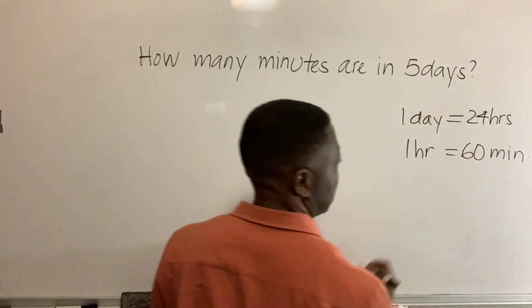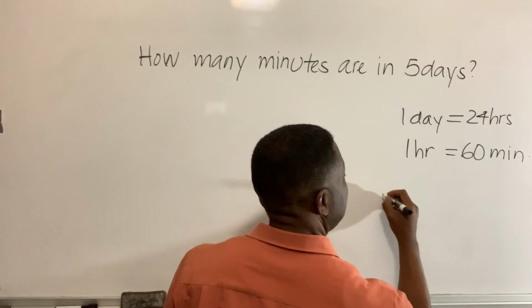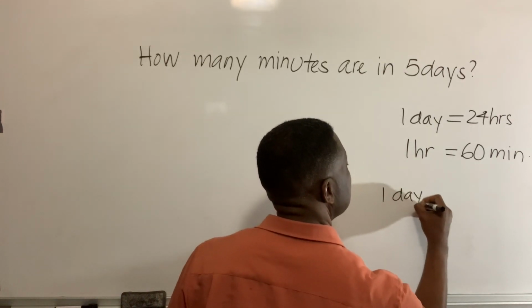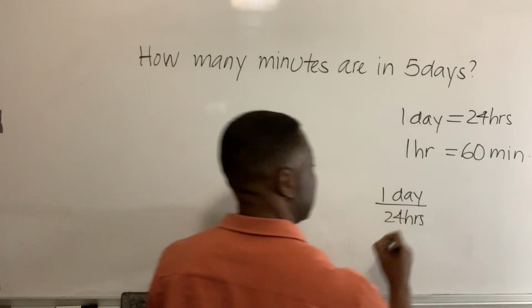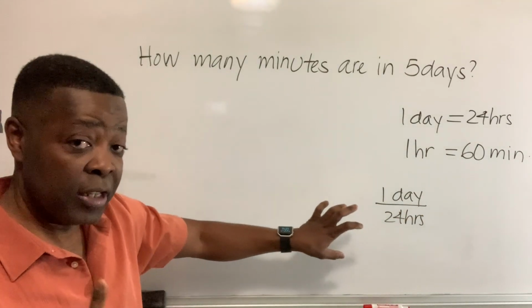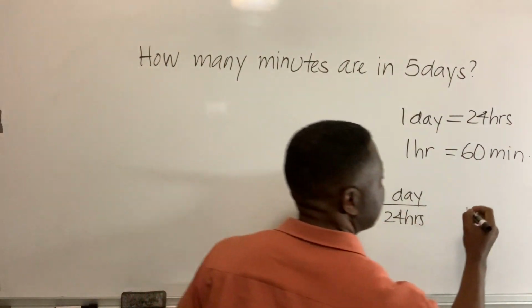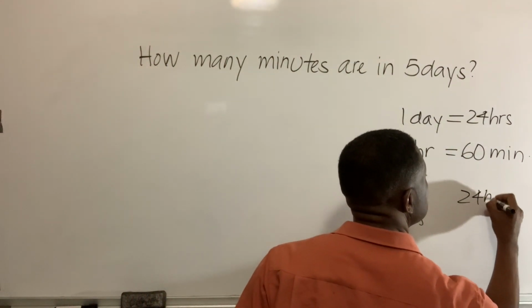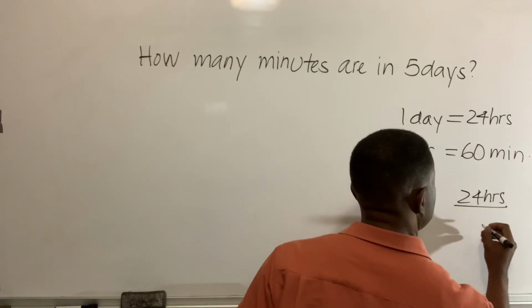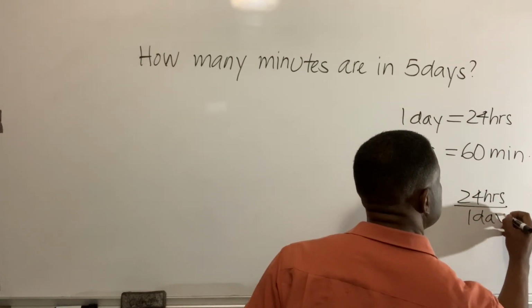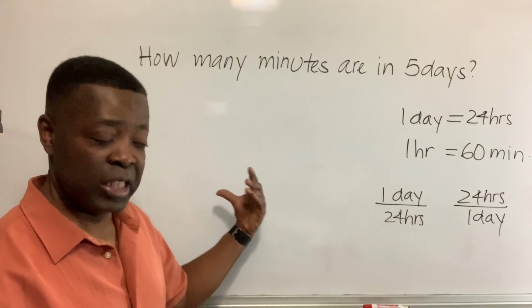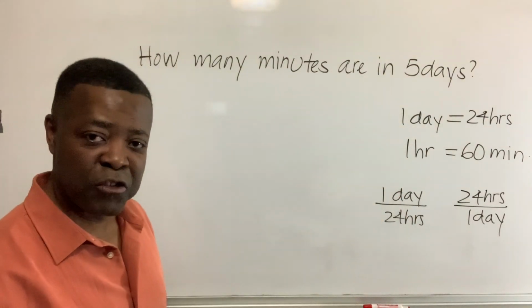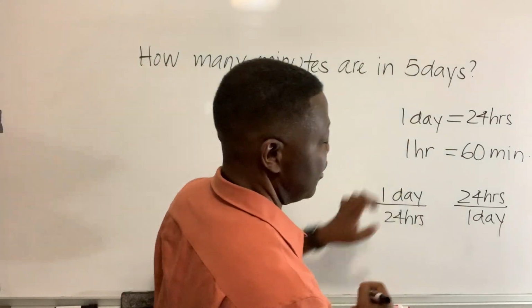With the first one, we can write 1 day over 24 hours. Remember, this is equivalent to 1. We can also write 24 hours over 1 day. Which one we use in our problem depends on what is being asked. Let's take the second equivalent.